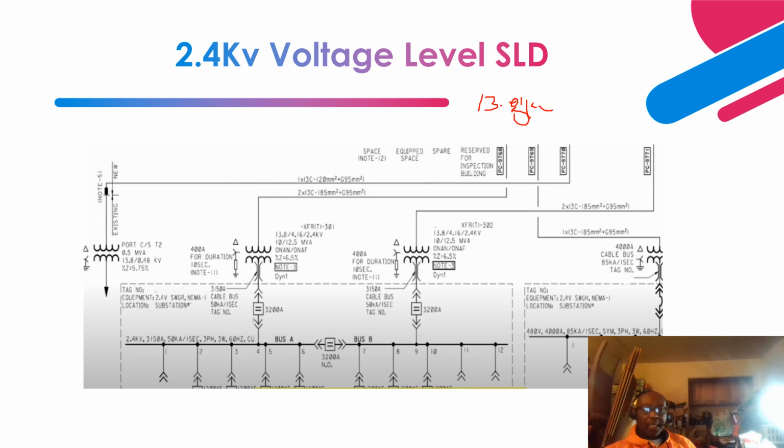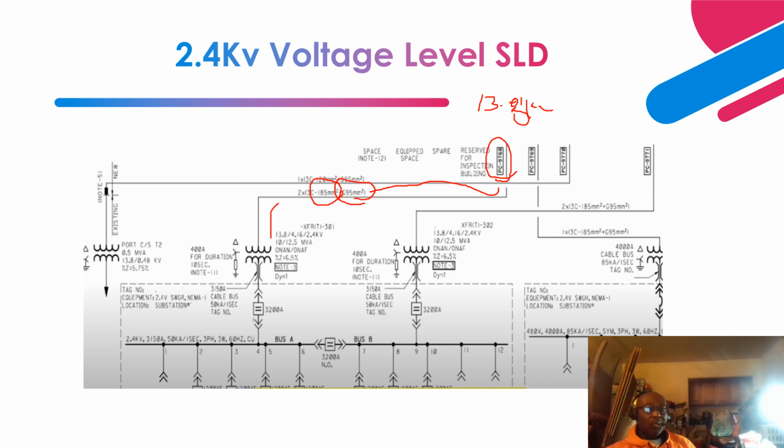This is the identification for the cable, and this is the size of the cable. So you have two three conductor cables, and this is the size of the phase conductor, and the ground conductor is this. So the phase conductor is 185 mm squared, and the ground conductor is 95 mm squared.